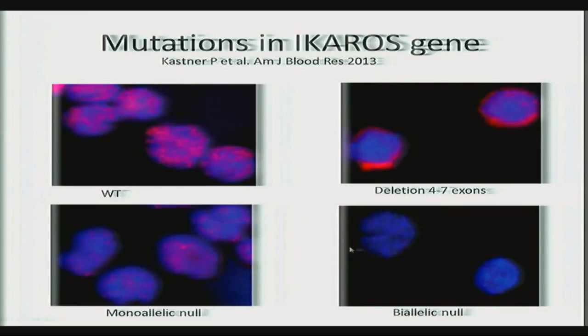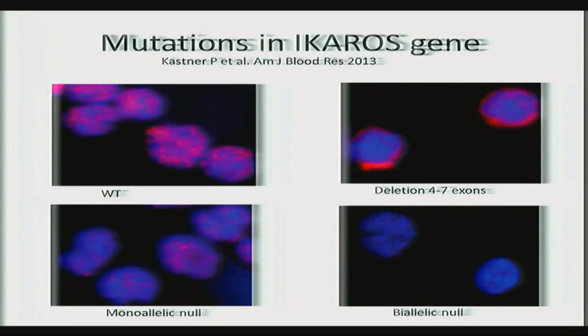And if you have, of course, a biallelic null mutation, you have no expression at all. In the monoallelic, you have reduced expression in the nuclei, so it means that you have a reduction of the function of Ikaros. And because the most frequent lesion in acute lymphoblastic leukemia is the deletion, it means that basically the patients who have a deletion have a dominant negative effect and no Ikaros function.